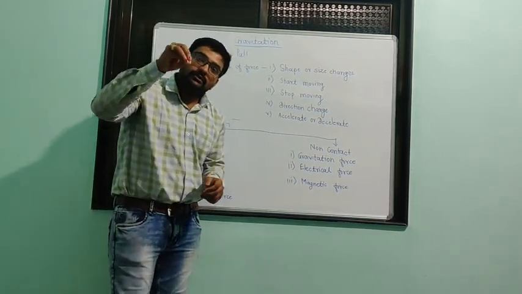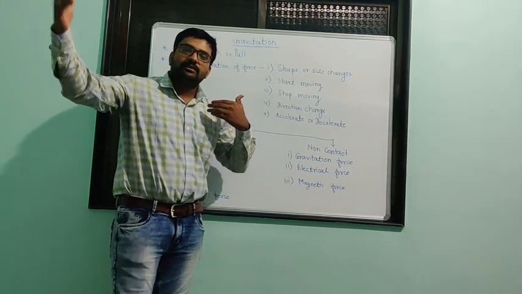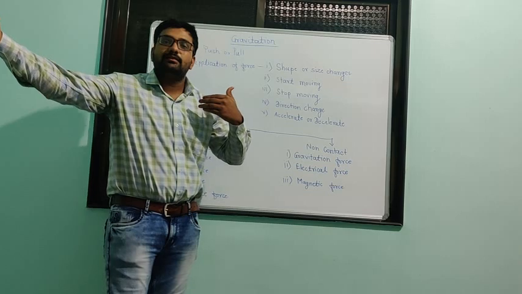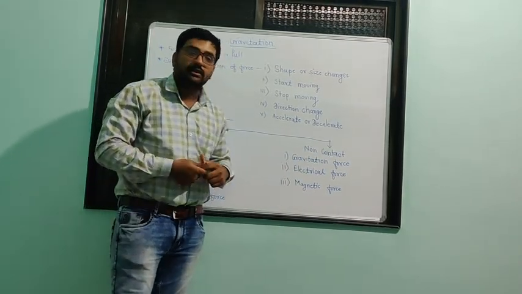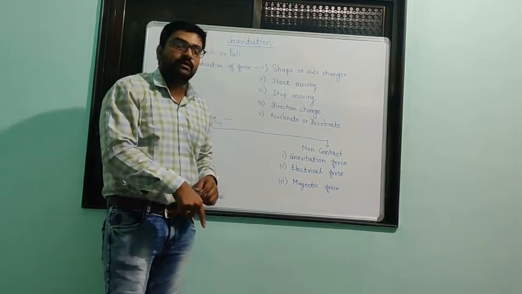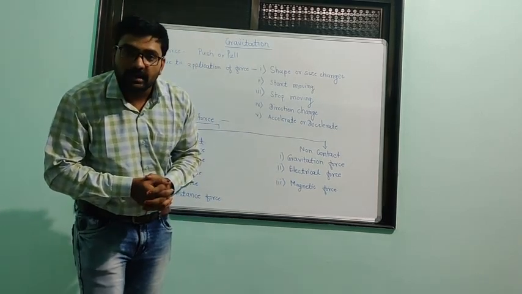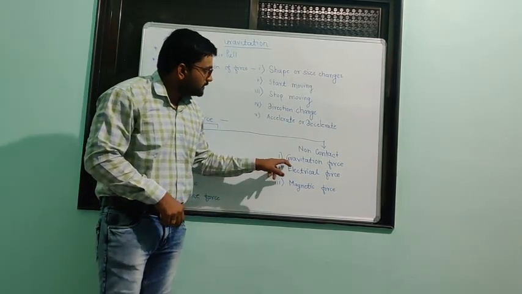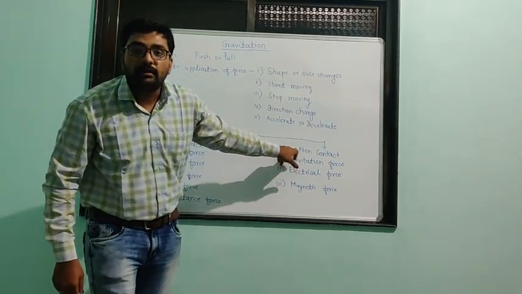The Sun applies gravitational force on the Earth, but the distance between Sun and Earth is very large, meaning they are not in direct contact with each other. The force still exists, but the two objects are not in direct physical contact. So gravitational force is also a non-contact force.